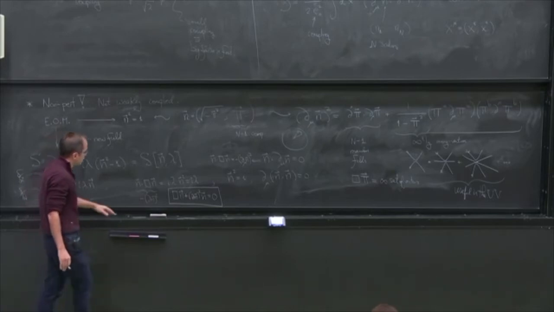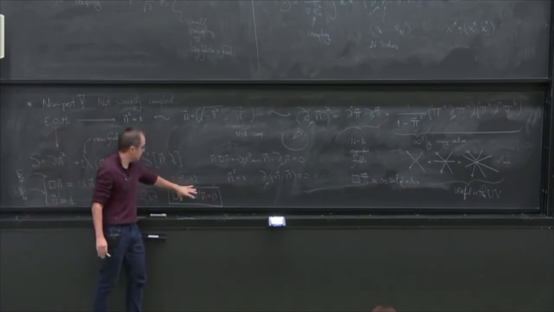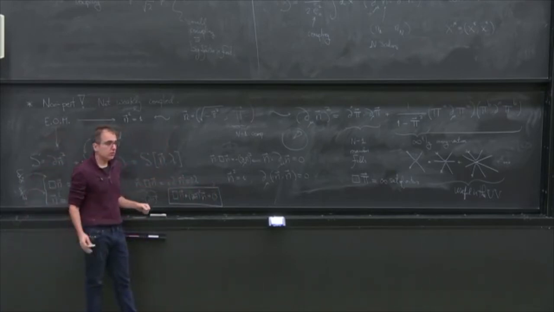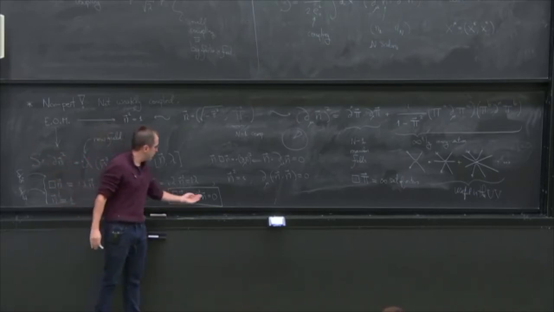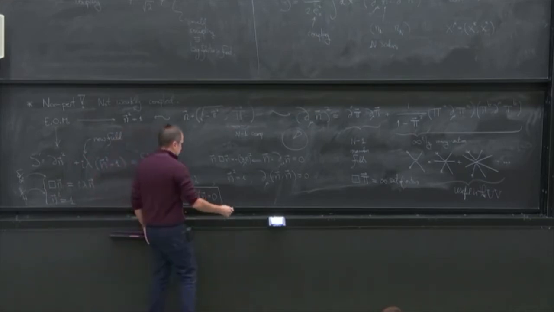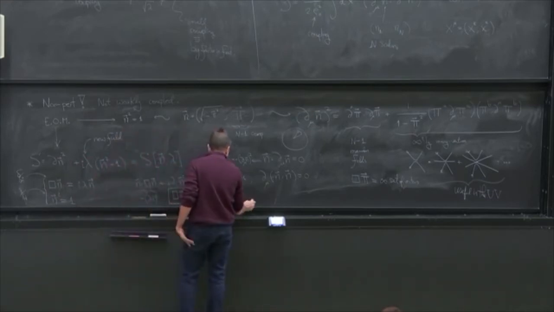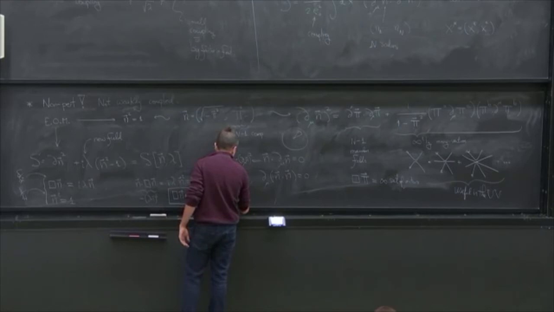And so these equations are quite non-trivial to solve. You cannot solve them in perturbation theory. So it's not like box phi equal to some perturbative potential that you know how to solve order by order. And so here you would have some very non-trivial dynamics.